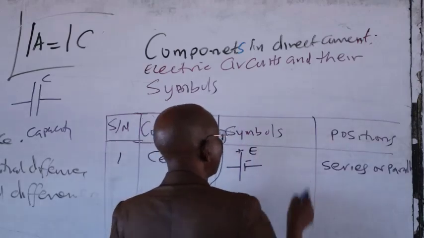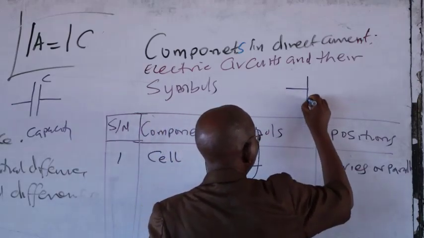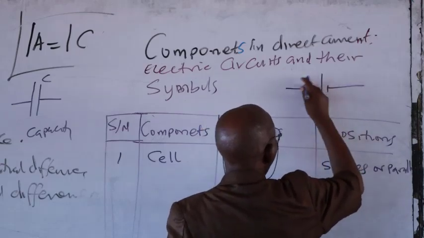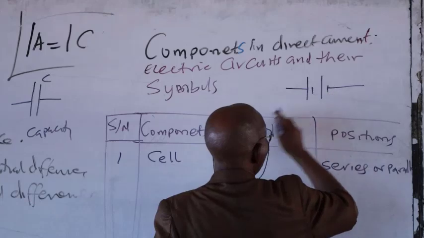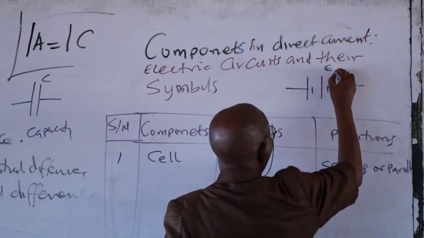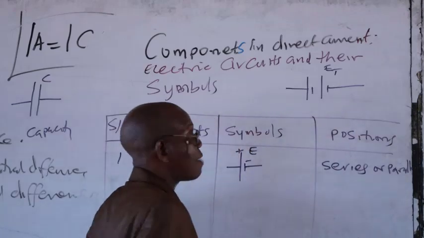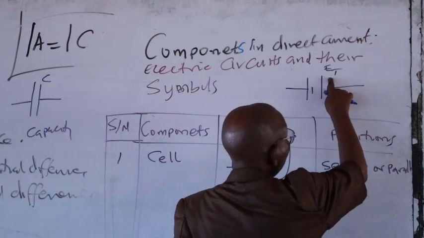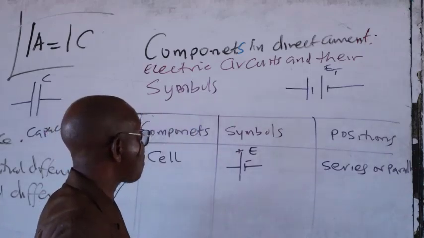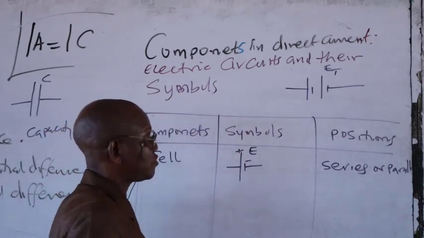Let's say you have a cell like this, another cell like this. These are two cells. You combine the two of them together to have E total across the two of them. That means E1, E2 combined together will give you E total. But the symbol of cell is this.